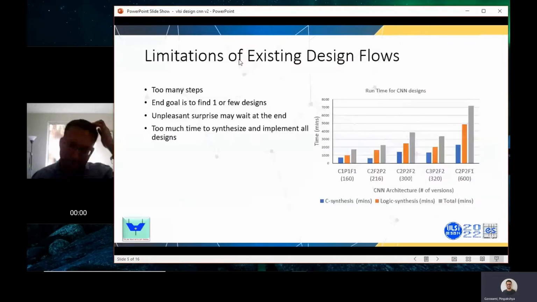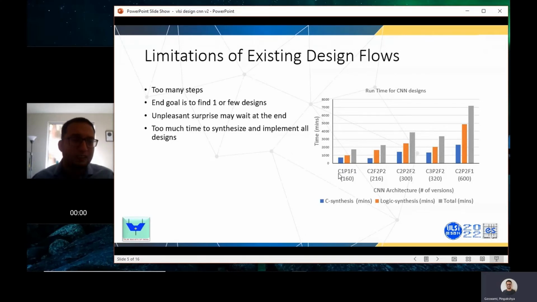Finally, we only want to have one or very few designs which have low area, low latency, and very high accuracy. And then sometimes the designer may have end goal surprises, like the timing or the area may not meet. I have also plotted this graph where I have shown how much time it takes to do C synthesis and logic synthesis in CNN.